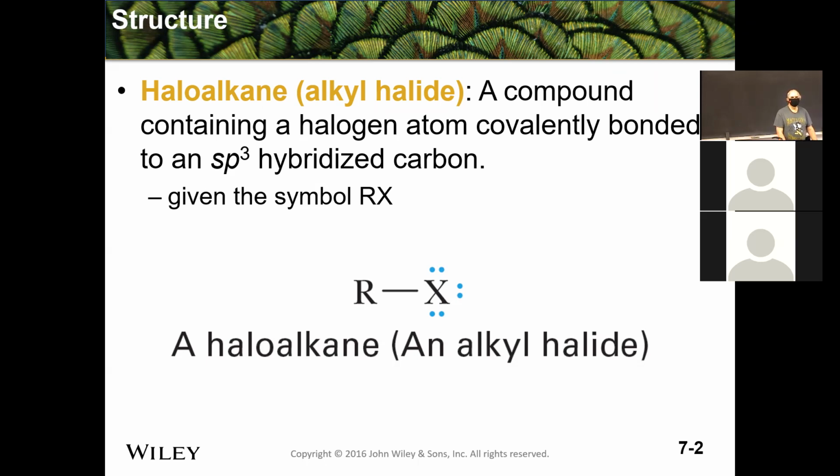Okay, they're distinctly different from compounds that have a halogen bonded to an alkene or an aromatic ring. Okay, those will react very differently. In fact, we'll have a whole different chapter on aromatic compounds.